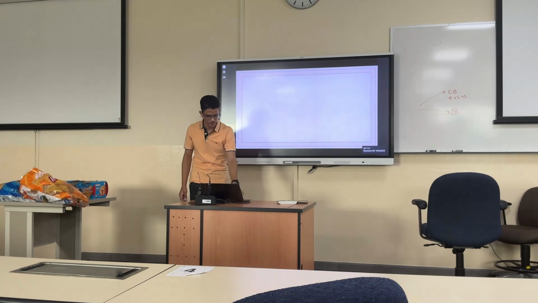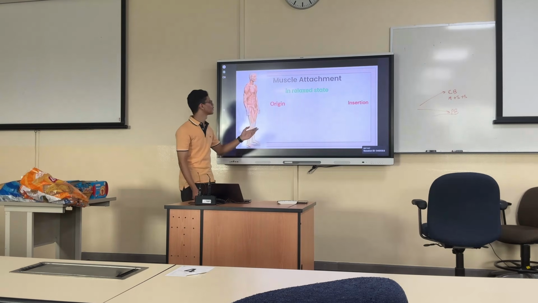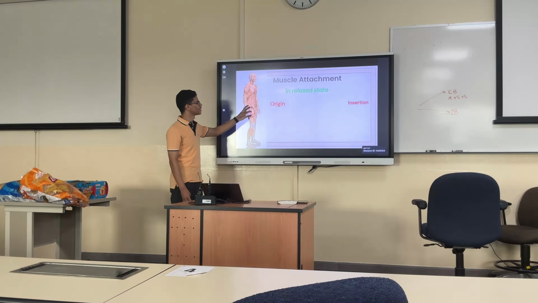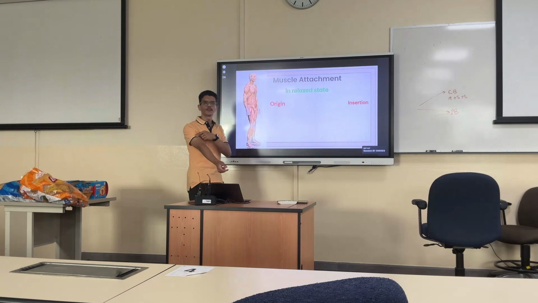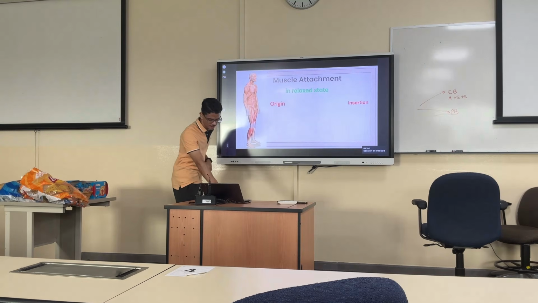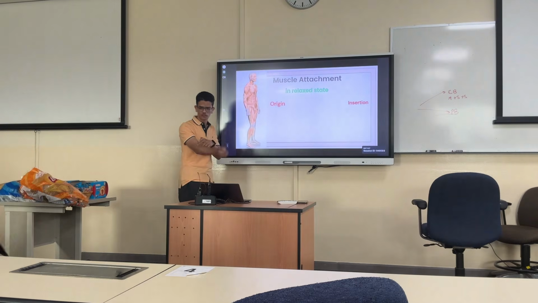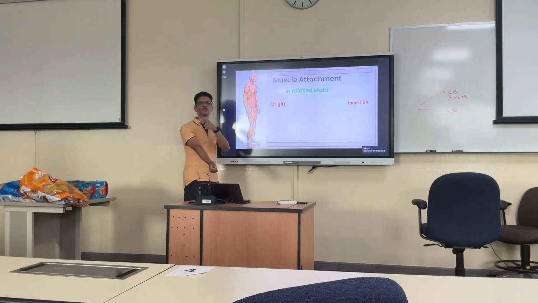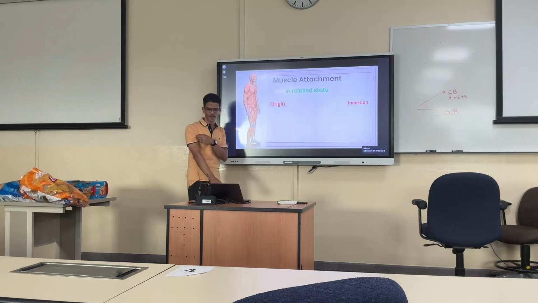Let's take an example of this. We're going to see an example also after this one. So let's say this is a body, and for example, my biceps. We have here 2 attachments. This one is the origin, I'm going to show it here, and this one is the insertion. So when I do like this, which one is the moving part? The insertion is moving toward the origin, but the origin, if you point it out, is stable in its place.